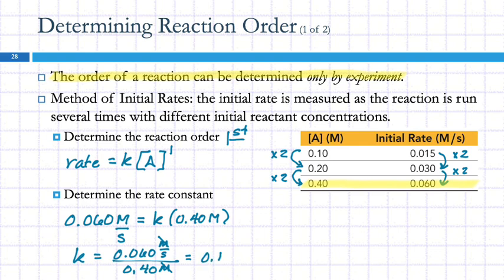So the number is 0.15, and now what we have up here is 1 over S. So it's 1 over S, or we could also call that S to the minus 1. Kind of a weird unit, but that's what it is, per second. Any questions?